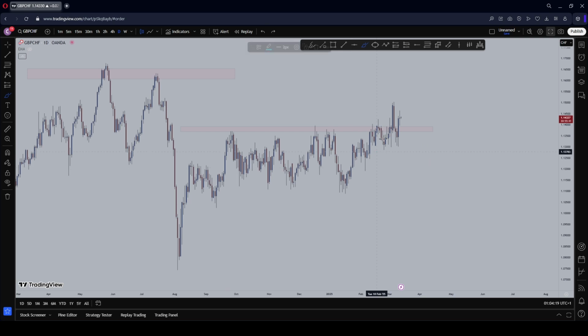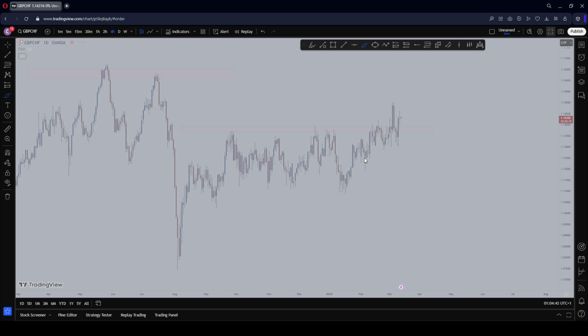So the moment price broke it here and this tweezer top looked like a fake out, I know that yes, it has broken it. It is a possible fake out, but it can still give me a trading opportunity for at least 50 pips, depending on my stop loss placement.